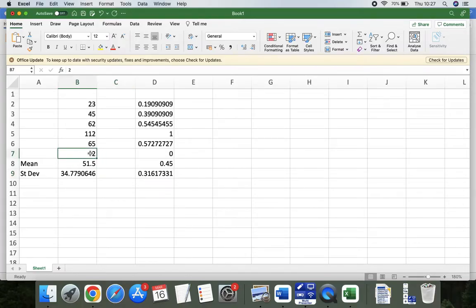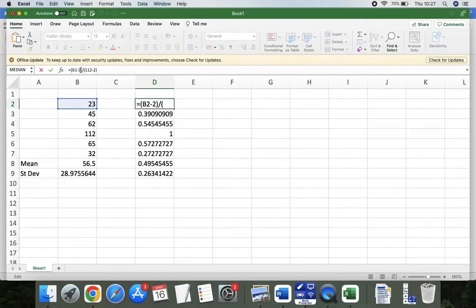For example, if I change it to 32, that means my minimum here is now 23.